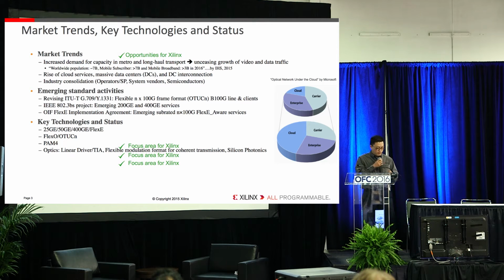I found these 2 pie charts from Microsoft very interesting. Before the rise of the cloud, a lot of our focus was on carriers. But if you look at the bottom pie chart, this is the optical network under the cloud. Right now, the cloud has a much larger share of the volume.